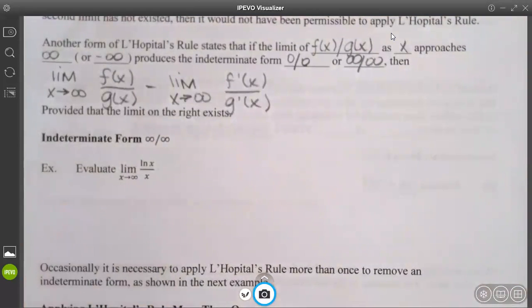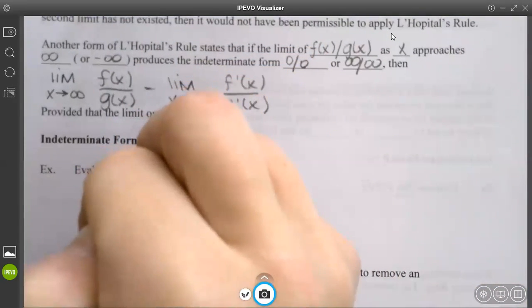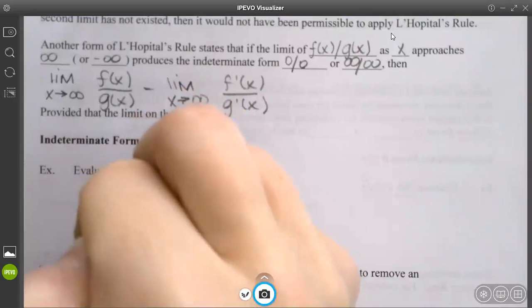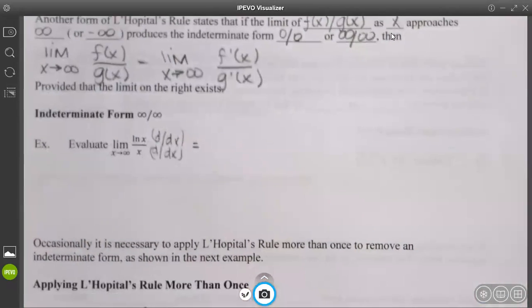So go here and tell me what I can do to this. Can I divide it by the x? Is it going to do anything? No, because I can't do the limit of x over x. It's still going to give me the same thing. So what I'm going to do is take the derivative. What is the derivative of ln x? 1 over x.